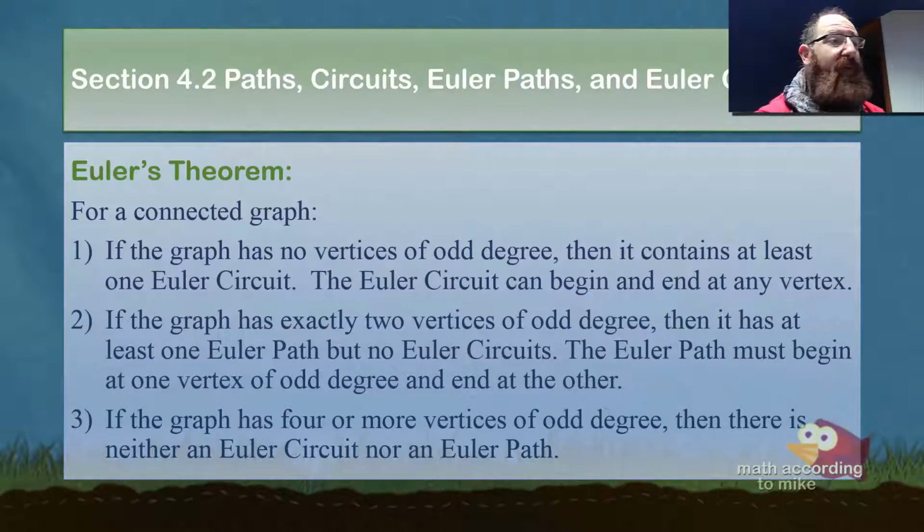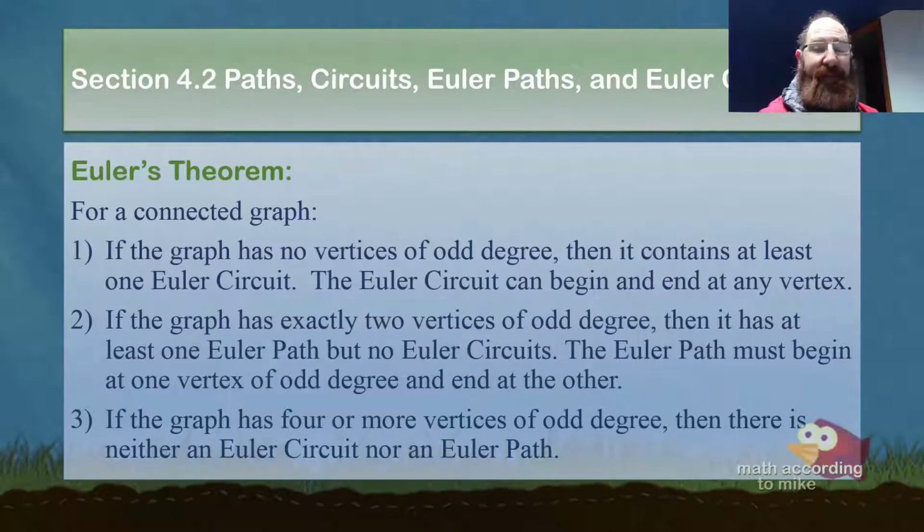So if you have no vertices of odd degree, then you have at least one Euler circuit. If you have two vertices of odd degree, you don't have an Euler circuit, but you will have an Euler path. And if you have four or more vertices of odd degree, then there is neither an Euler circuit nor an Euler path.